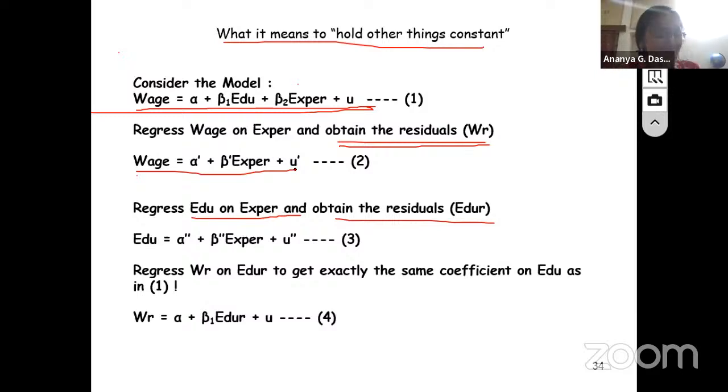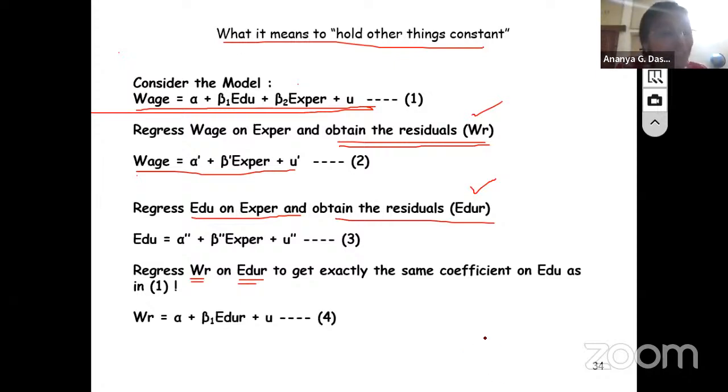So now what have you done? You filtered out the effect of experience from both wage and education, and you're using these residuals. WR is the part of wage which is not affected by experience, and EduR is the part of education which is not affected by experience.